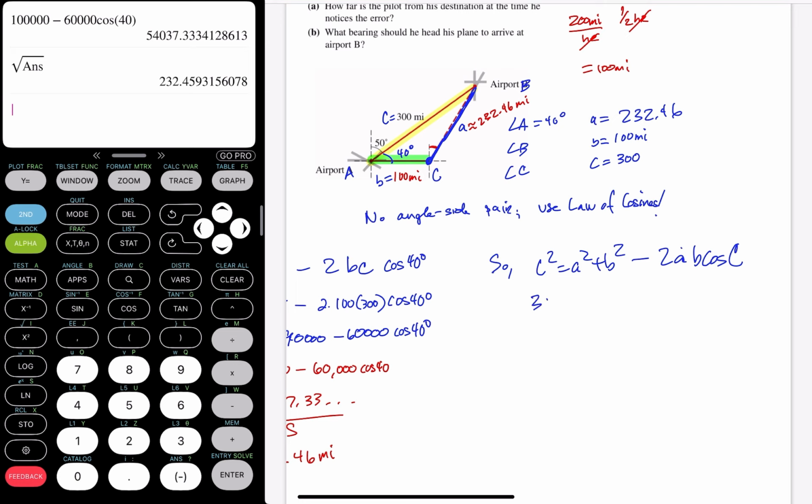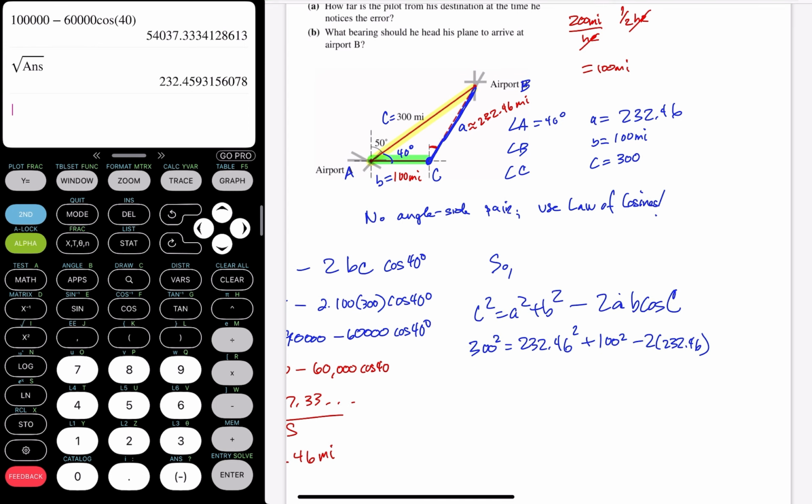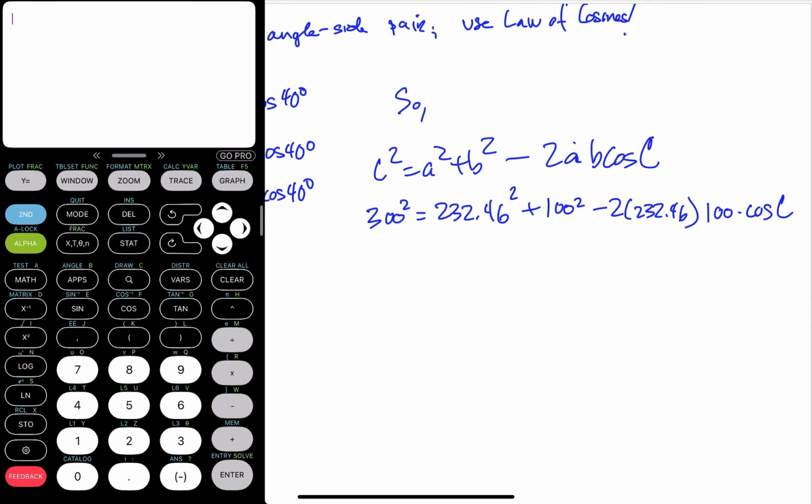So C squared is 300, A squared is 232.46 squared, plus B is 100 squared, minus 2 times 232.46 times, what did we say B was? 100, then times the cosine of C. So I'll show you on the calculator.